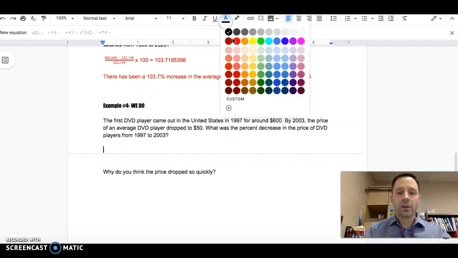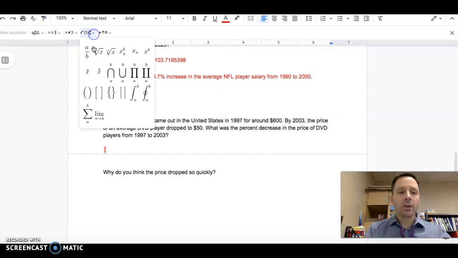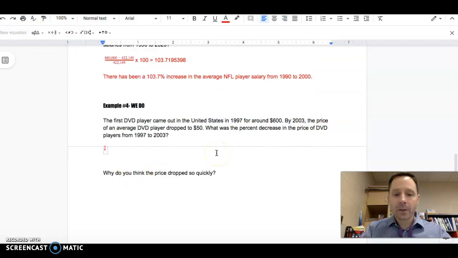All right, so I'm going to change my font, and I'm going to hit new equation, put this in here. Okay, so I'm going to take my 600, and I'm going to subtract my smaller number from it. Now this time, obviously 1997 comes before 2003, and the number attached with 1997 was the original amount, which is 600.